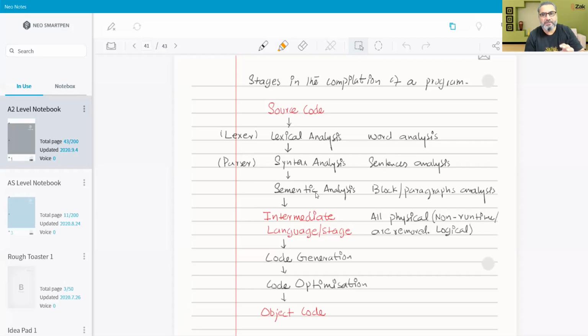What are functions? Functions are already written routines. They might be written by you, or they might be already made available, like whatever that you have done with respect to, let's say, string functions. All those functions are made available by the programming language itself, but they are written somewhere.